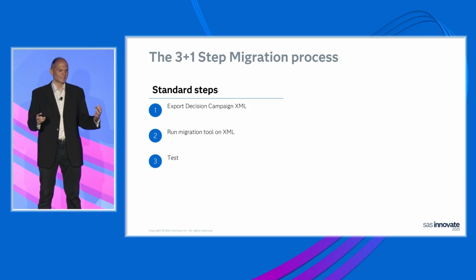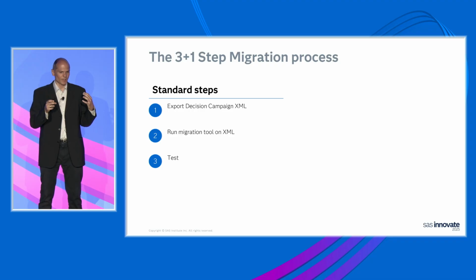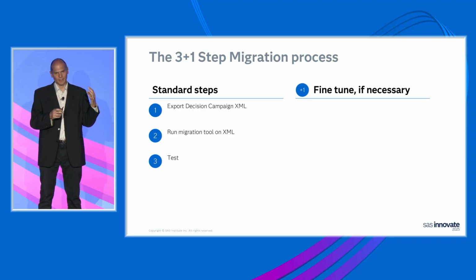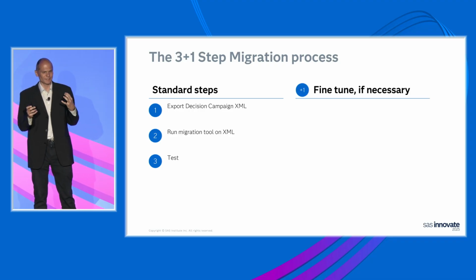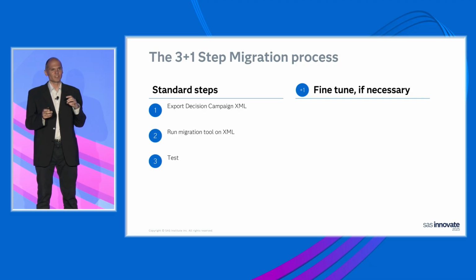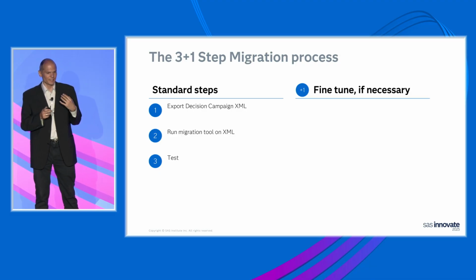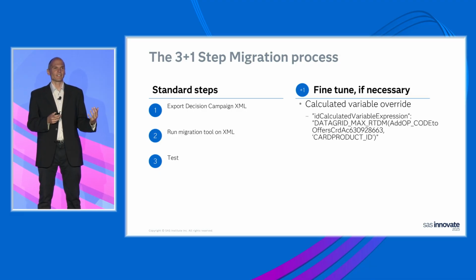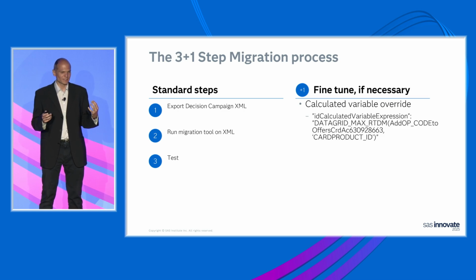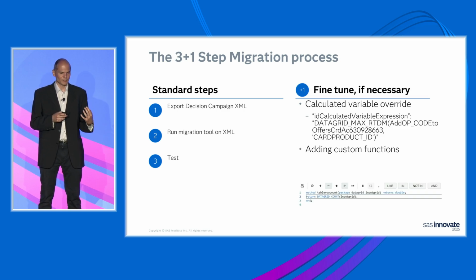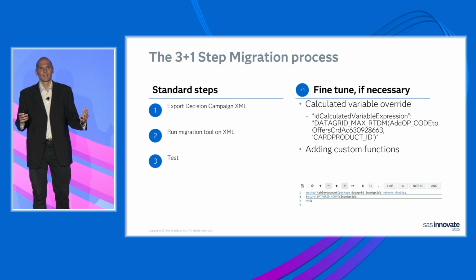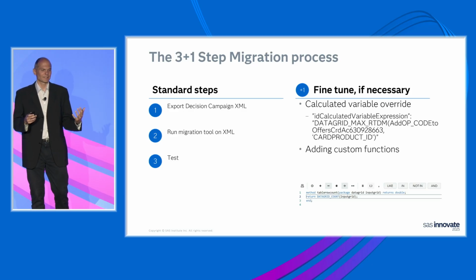And then we have to test it. Since there are so many differences between the two systems, it can be necessary to tweak the generated code a little bit. It can be done by overriding calculated variable expressions or adding custom functions. But all in all, that's a simple process.